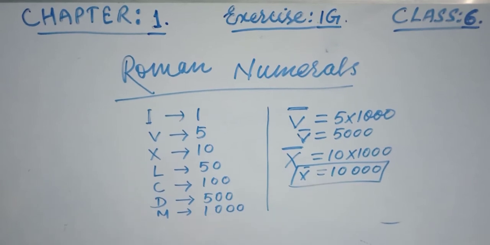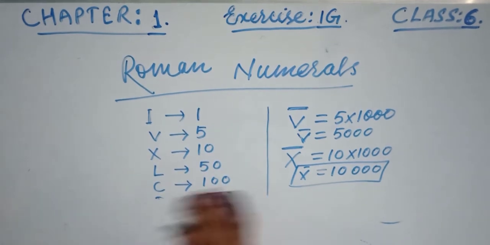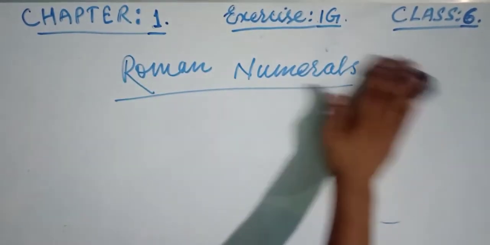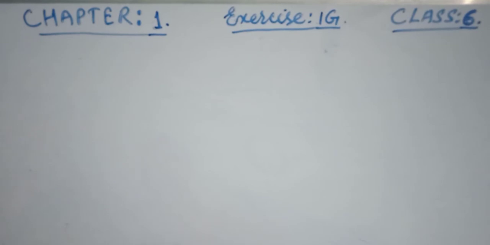There are also some further rules about the subtraction of some Roman numerals from others. On the basis of this we will solve questions from exercise 1G. So friends, the repetition of Roman numerals is nothing but the adding of their values, and I, X, C and M can be repeated.